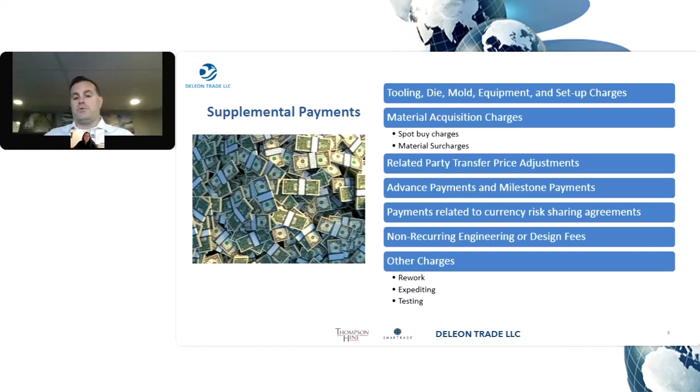A huge one with related parties is related party transfer price adjustments. If you are importing from a related party, there is a good chance you have a related party transfer price adjustment if one of the entities within the transfer pricing agreement is not falling within its target operating profit margin or whatever is set up in the agreement. So there are a lot of times, for tax purposes, they call it, right?